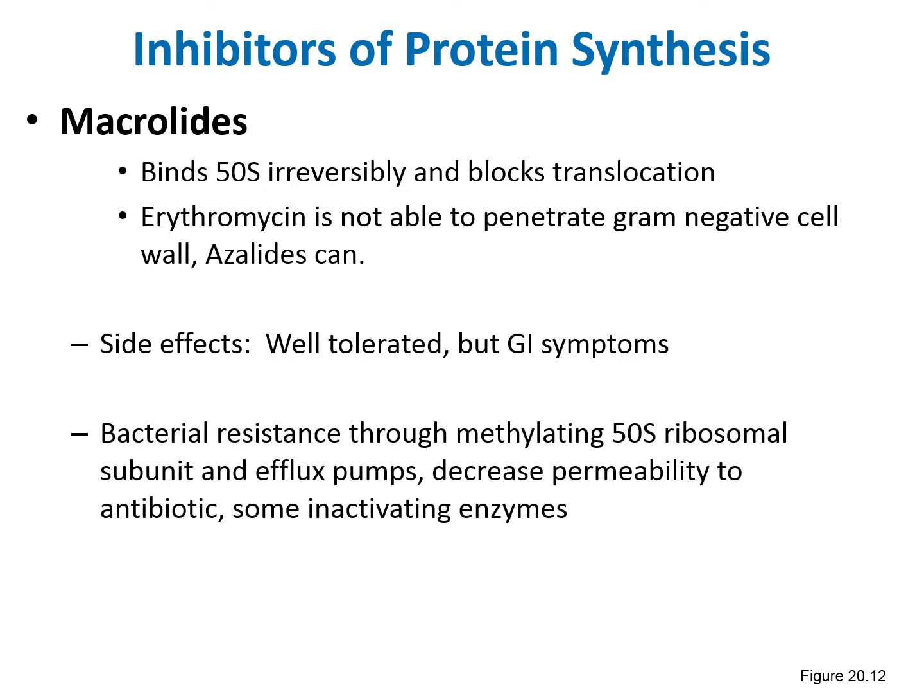The way that your macrolides work is they bind the 50S ribosome subunit irreversibly, and they block movement of the ribosome along the messenger RNA. Okay? Now, the reason why erythromycin is effective only on your gram-positives is it's so large it's not able to penetrate the gram-negative cell wall.